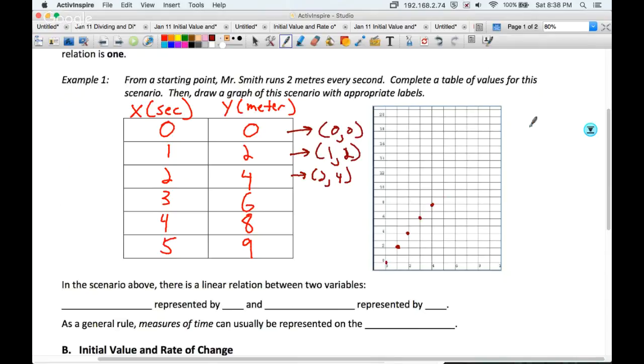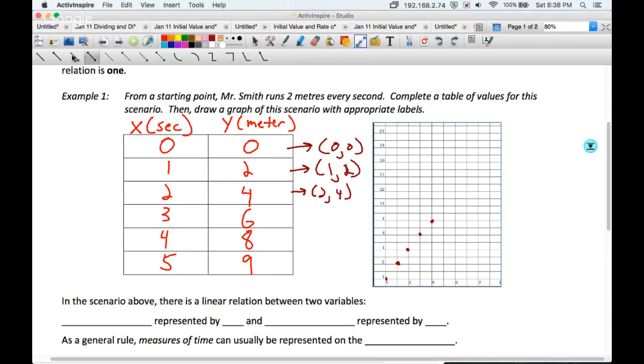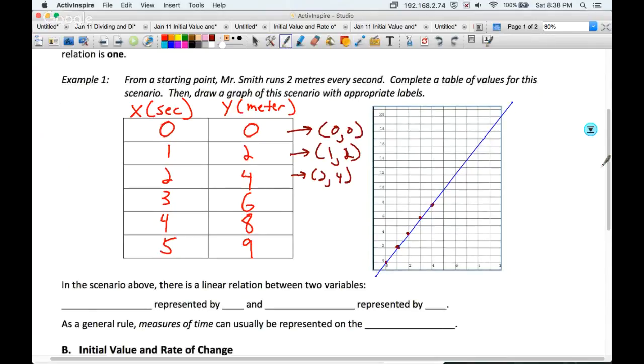You'll notice these are making a straight line, and we can actually connect those up with a straight line. Just like that, to represent all of the positions of Mr. Smith as he runs forward in time.